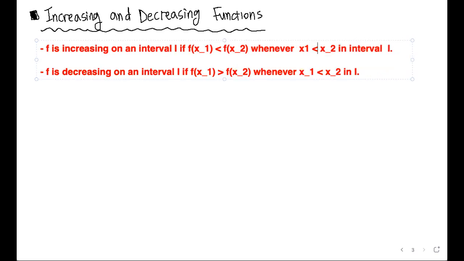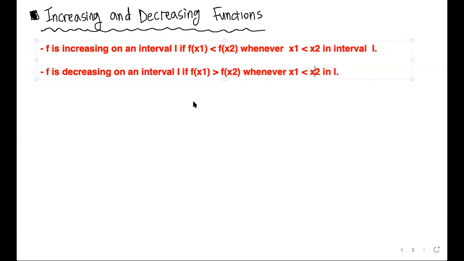So here x1, x2, f of x1 less than f of x2, in the interval I. Same thing for decreasing: f of x1 is greater than f of x2 whenever x1 is less than x2 in the interval. Okay, I'll explain that by graph.